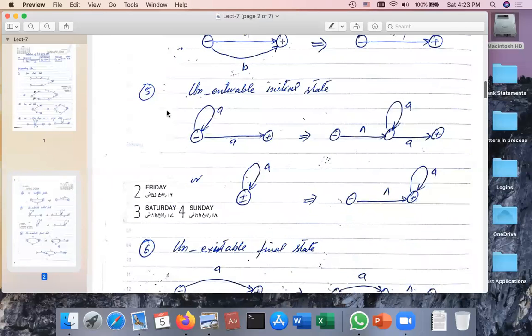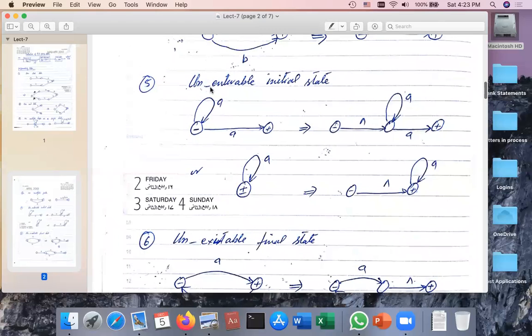And rule number five is unenterable initial state. For example, this is the FA, and in this FA we have an initial state into which an edge is entering, or an edge via a loop is coming toward this state, which is an initial state.